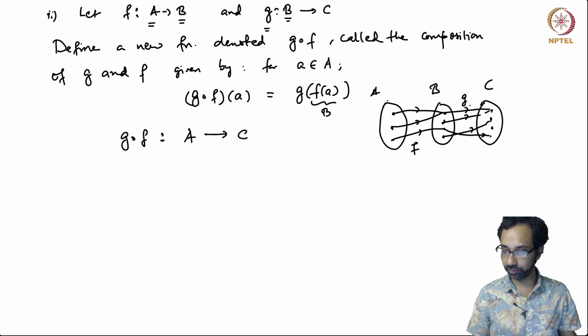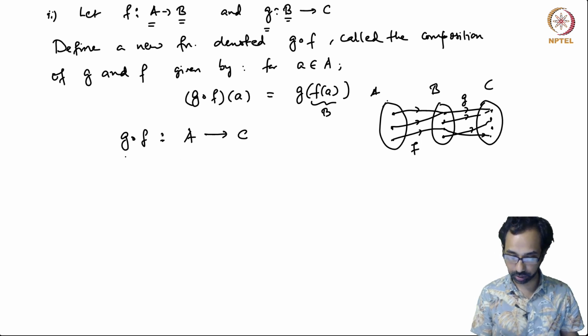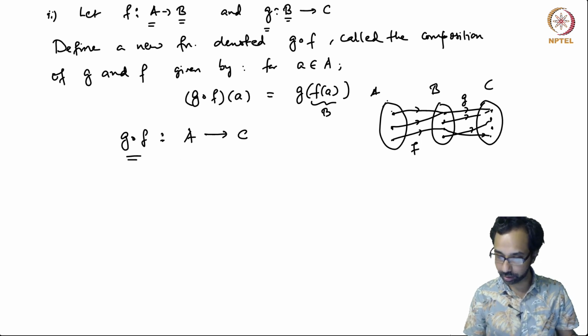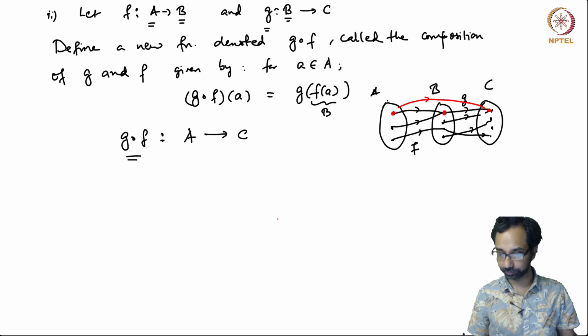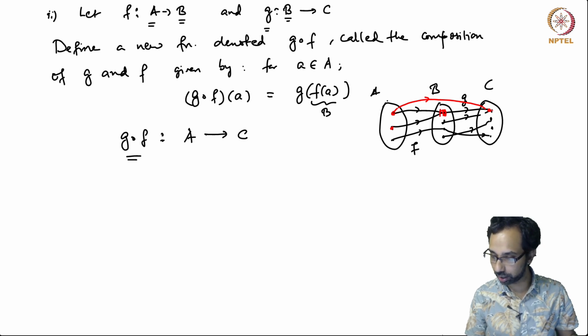This is g, and so g composed with f, if you take g composed with f, then this point first maps to this point and then to this point. So here there is an arrow, like this, and similarly this point first gets mapped to this point, and then it again goes to this point.